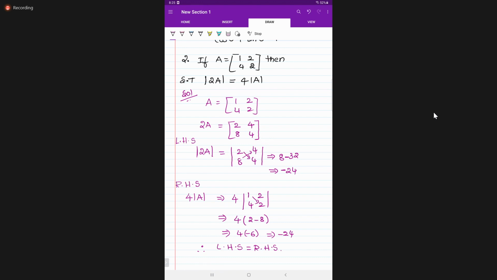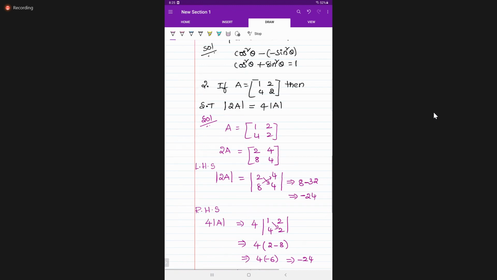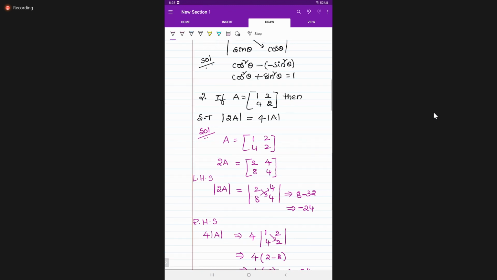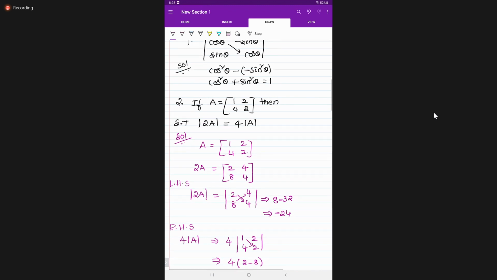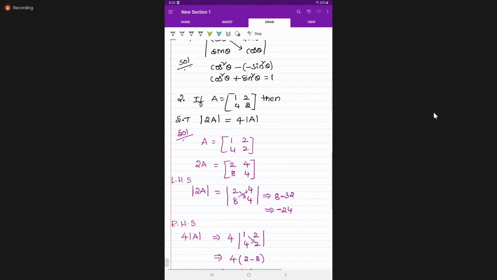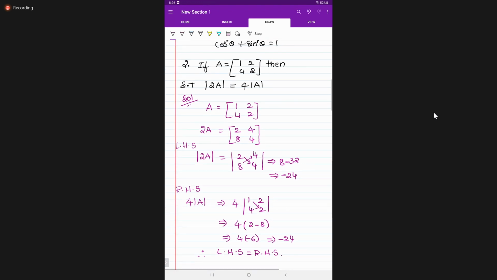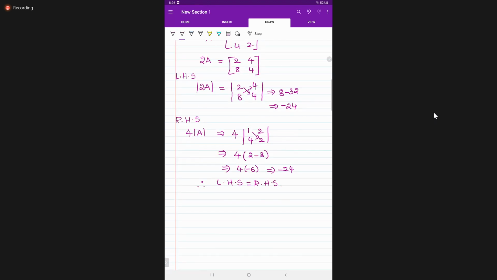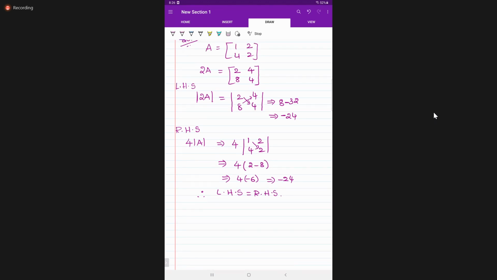Completed, students? Next, determinant of a matrix of order 3 by 3. Completed, students? 1 minute. Ma'am, can you wait for 2 to 3 minutes, ma'am? Yeah, no problem.